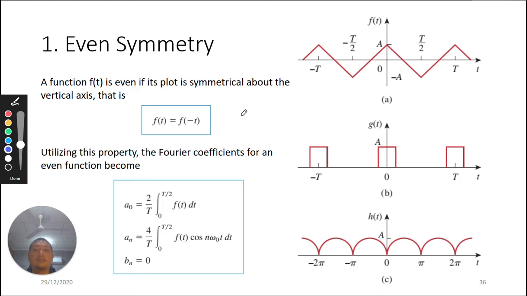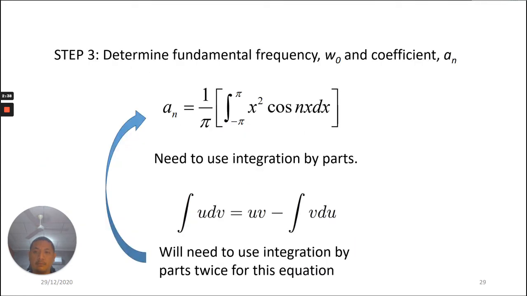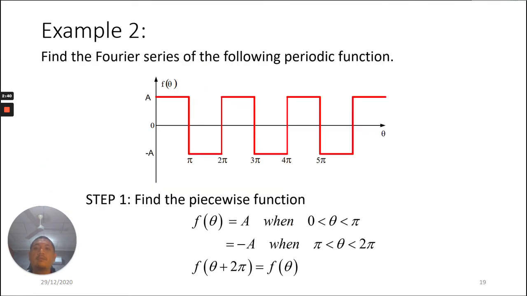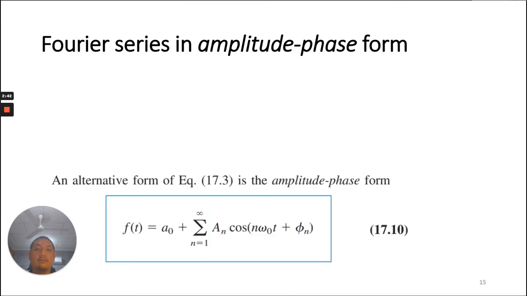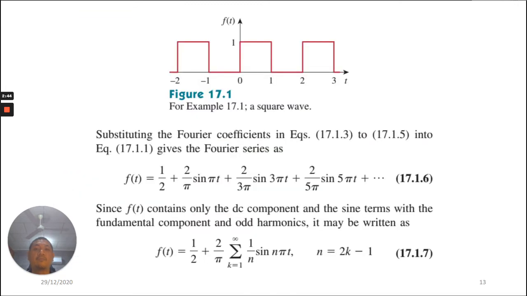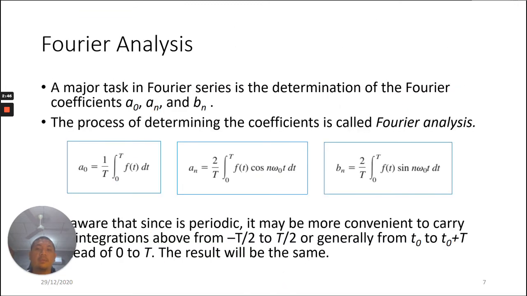Then we can simplify the calculation of a naught, an, and also bn. Let's just go back to the previous slides, from the previous video where I explained this.